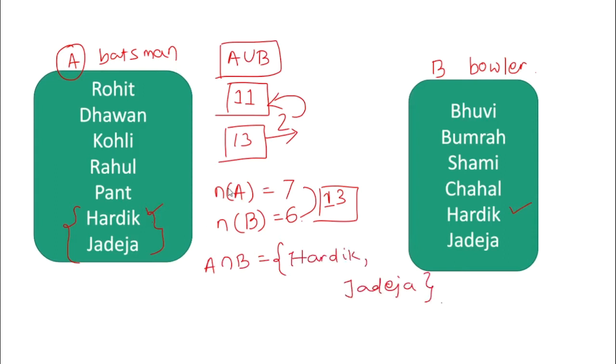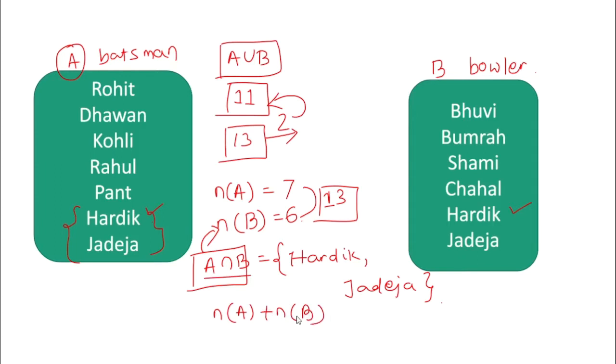So if I add the number of elements in A and the number of elements in B, then what is happening is that the number of elements in A intersection B are automatically included twice. So in n of A plus n of B, the number of elements of A intersection B are automatically included twice.